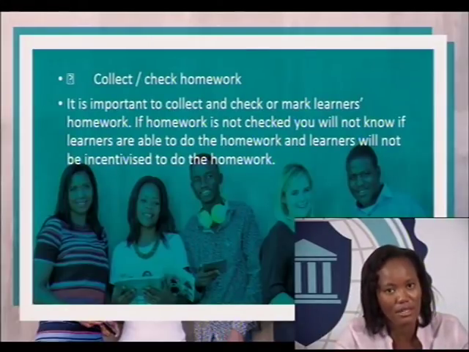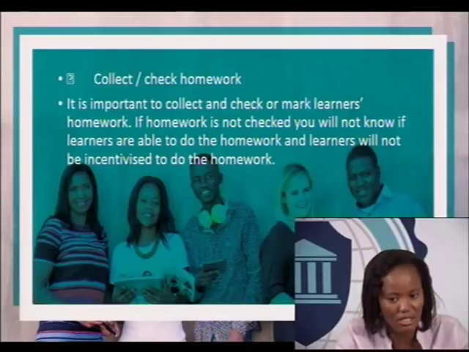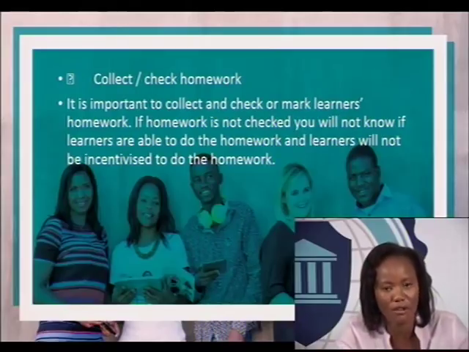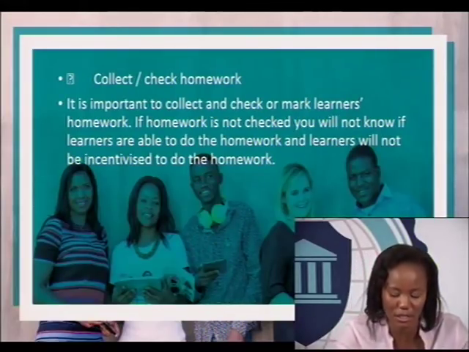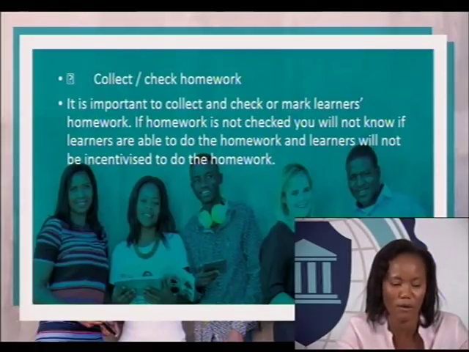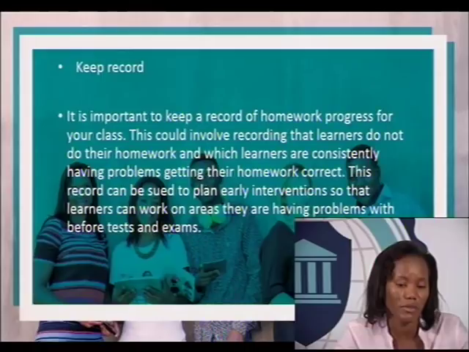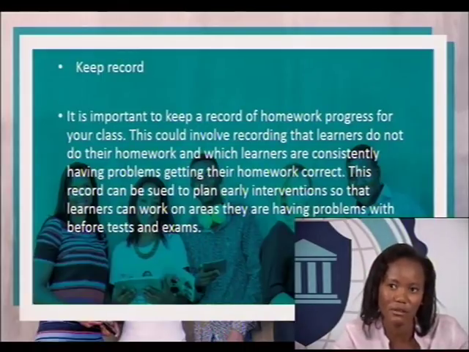And apart from that, it's just part of a teacher's job to mark that homework and assist the learner where the learner has gone wrong. It's the easiest way to identify where the learner needs your help as a teacher. It's through checking their homework. Keep a record of the homework. If the homework is not done every day, take note.